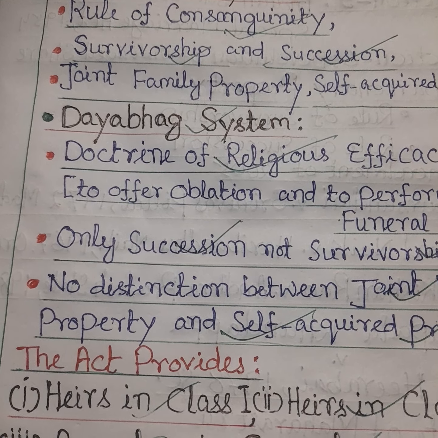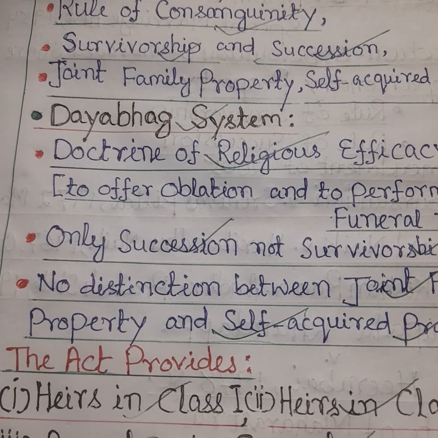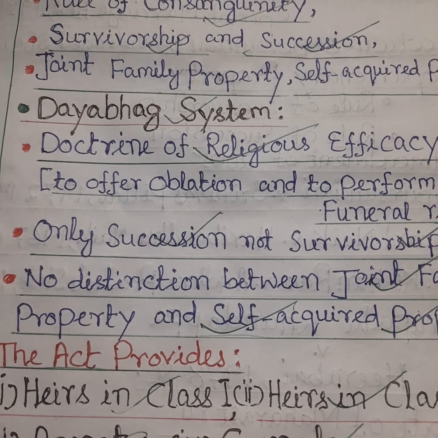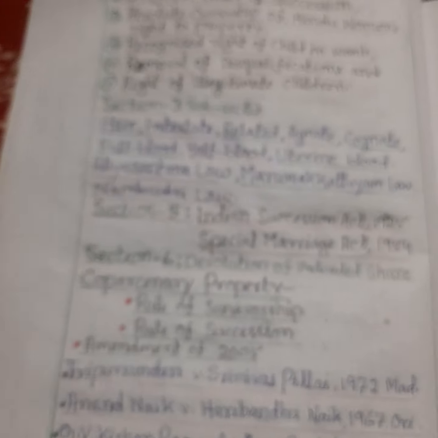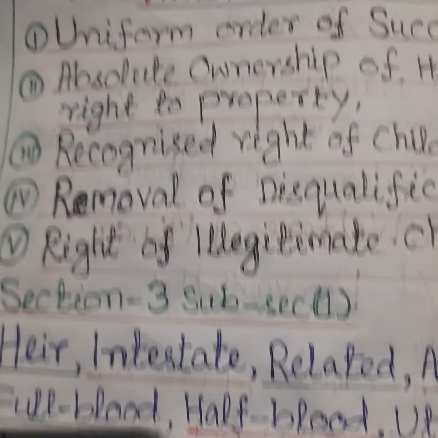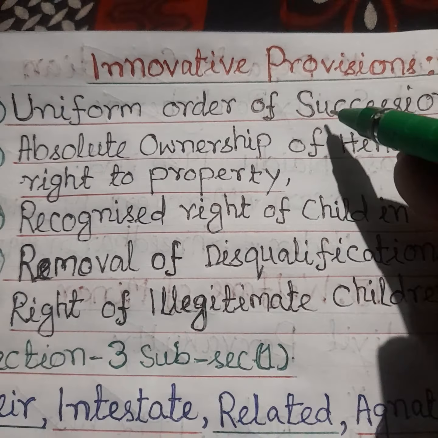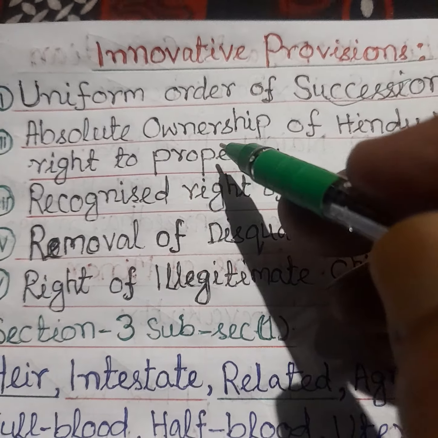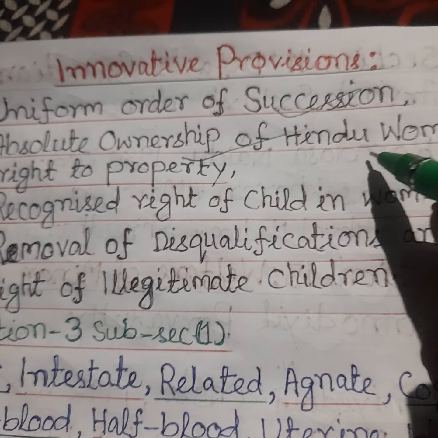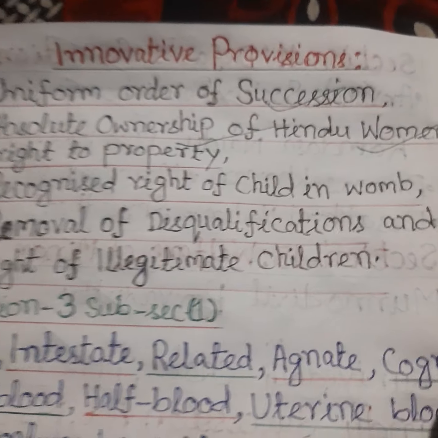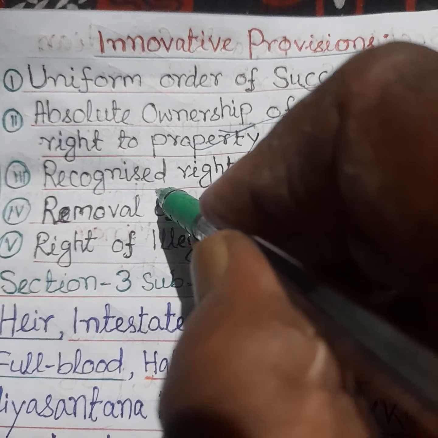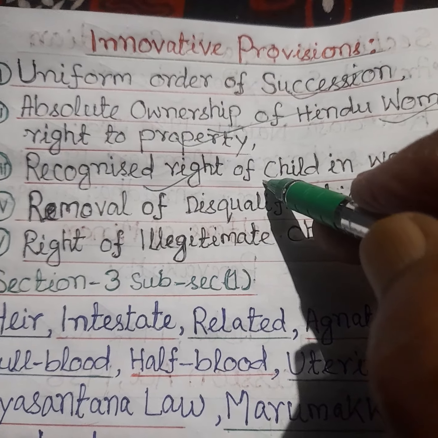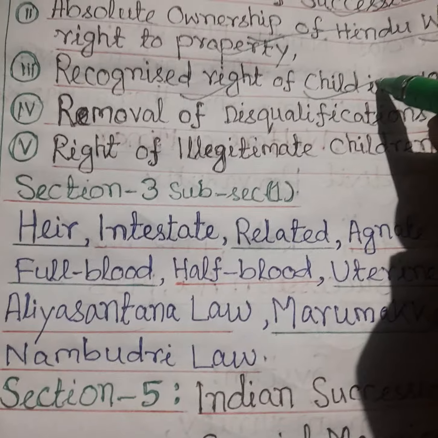Besides a uniform order of succession, the other important innovative provisions that we find under this act are absolute ownership of Hindu women's right to property, and it also recognizes the right of a child in the womb over the property.